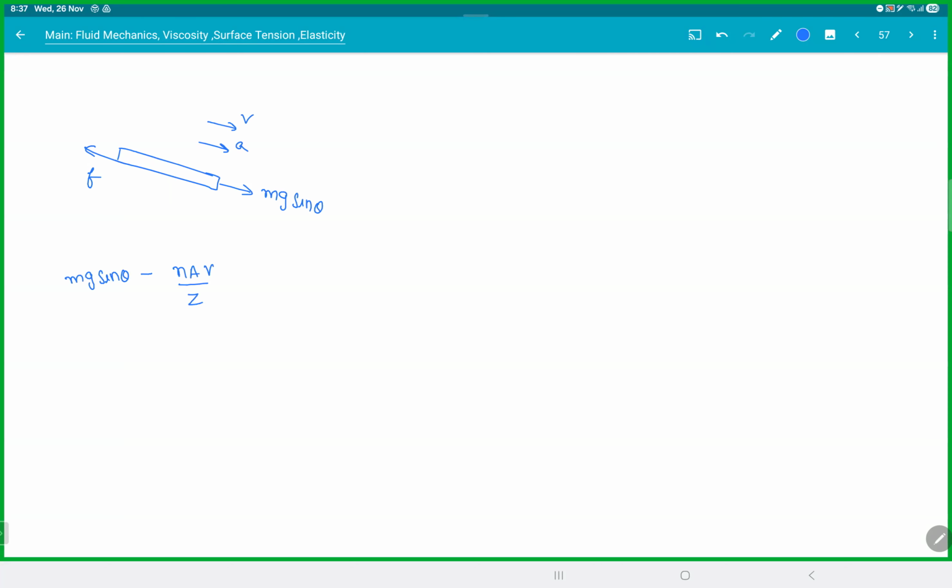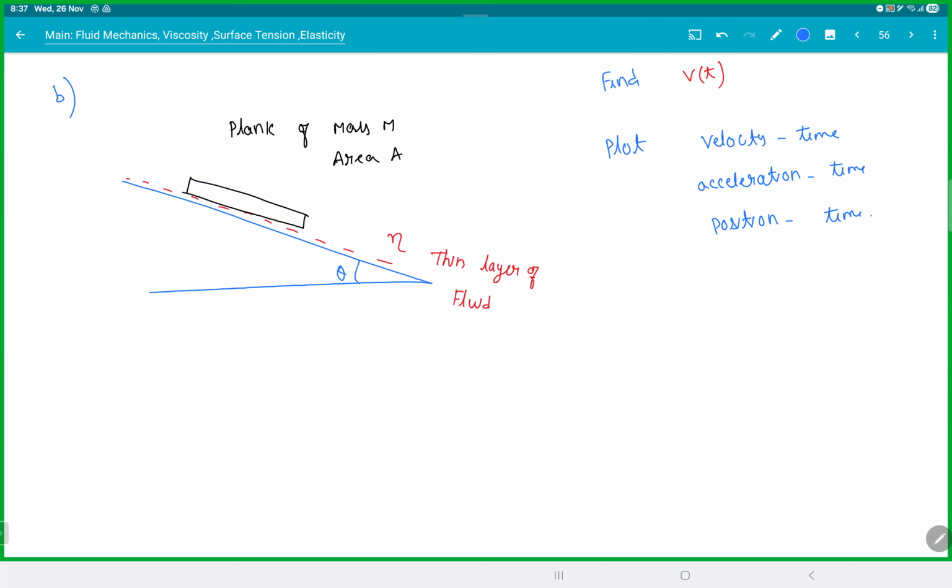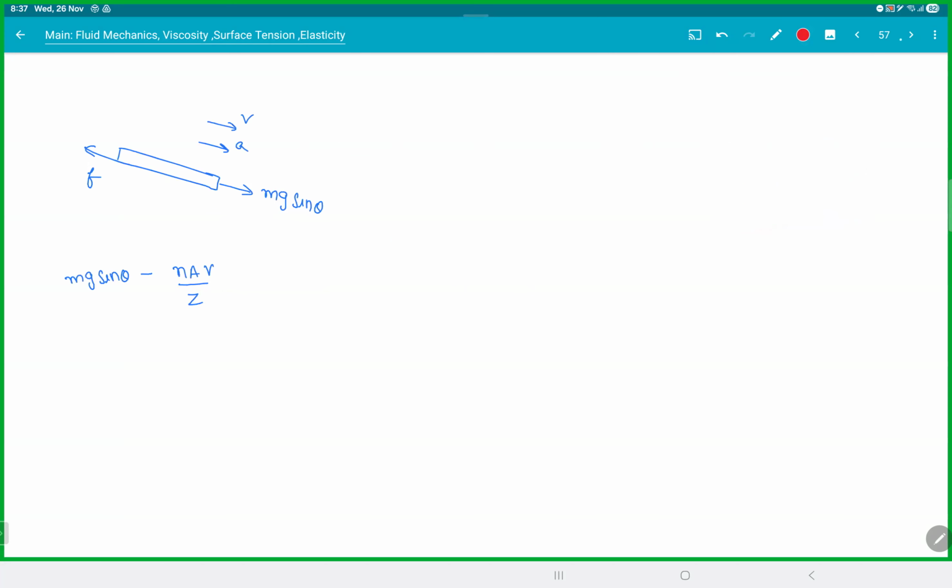Z is the thickness. I should have given that. This is equal to mass into acceleration, which can be written as m into dv by dt. Then we have dv by (g sine theta minus eta A by mz into v) is equal to dt.